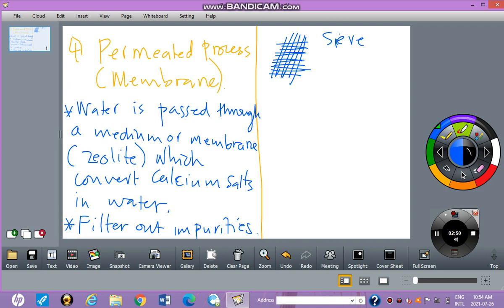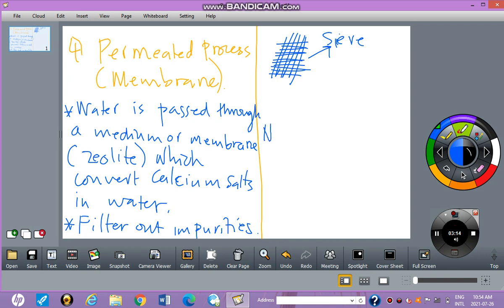The second process is the same thing. That is how we treat permanent hardness in water. This is what we refer to as a sieve. That's how the fourth process, permeated process, works.